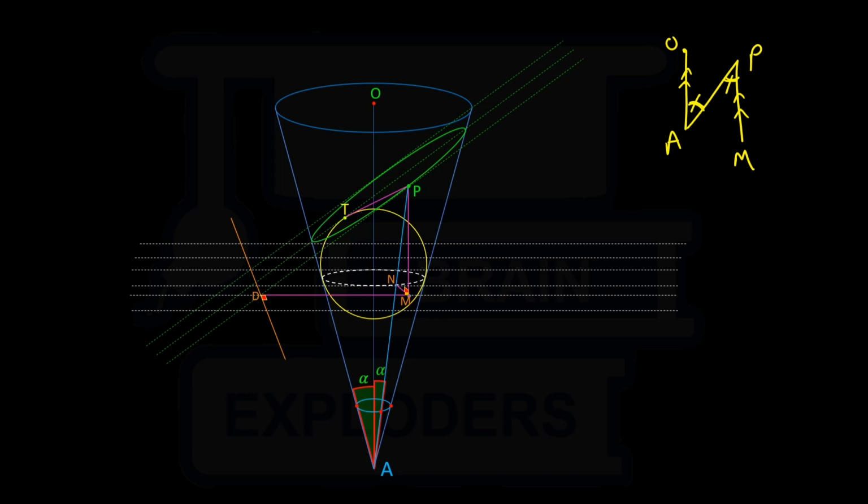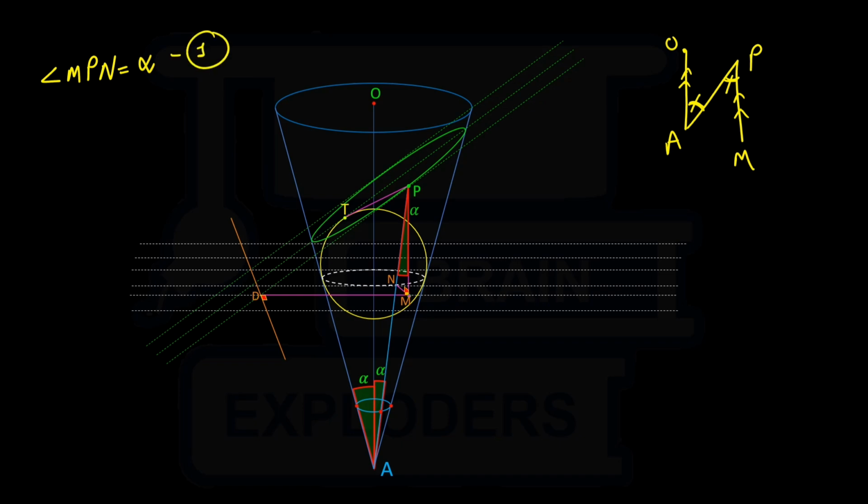And that's why angle MPN is also equal to alpha. This is the first equation we obtain.